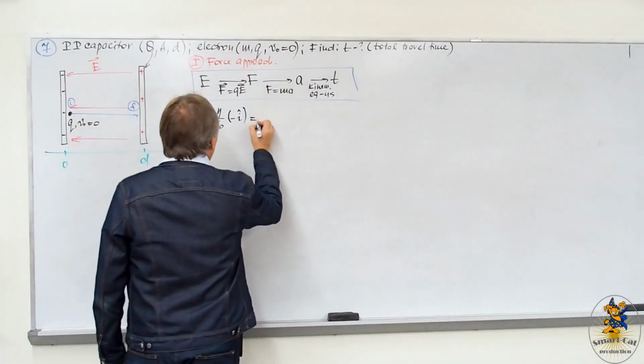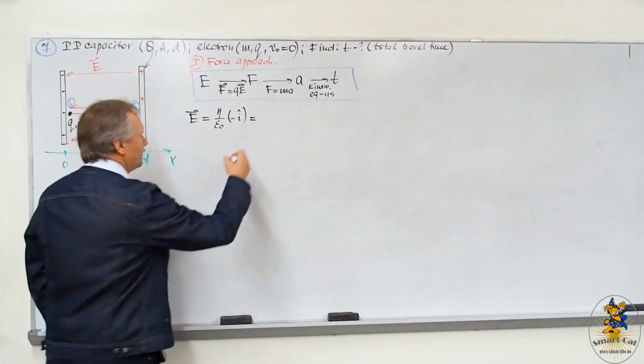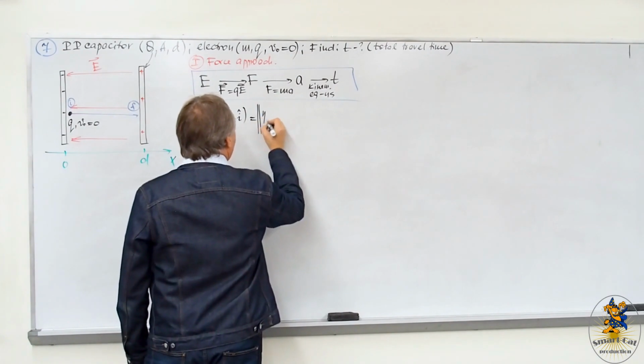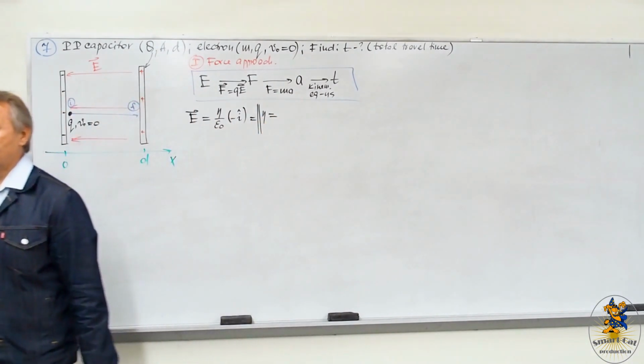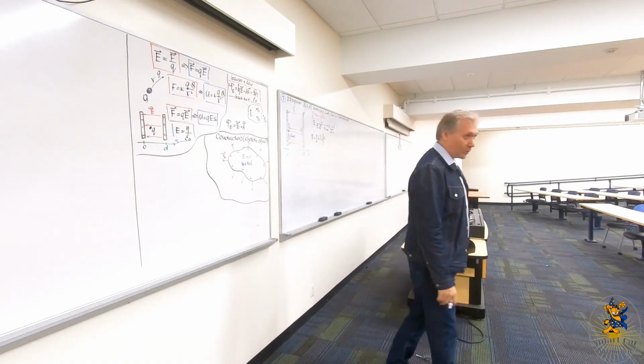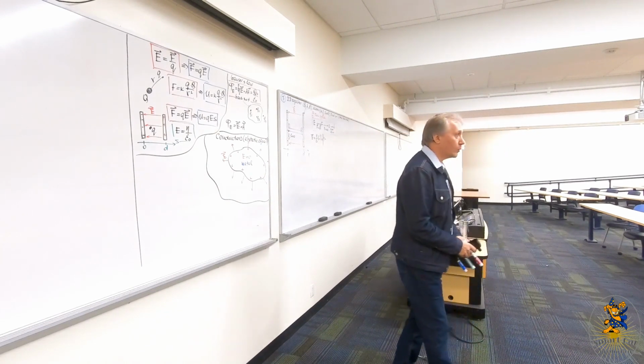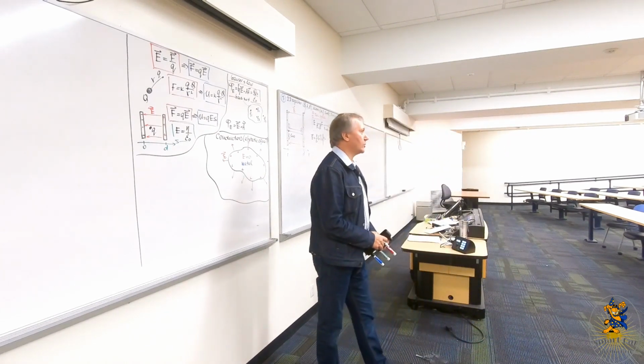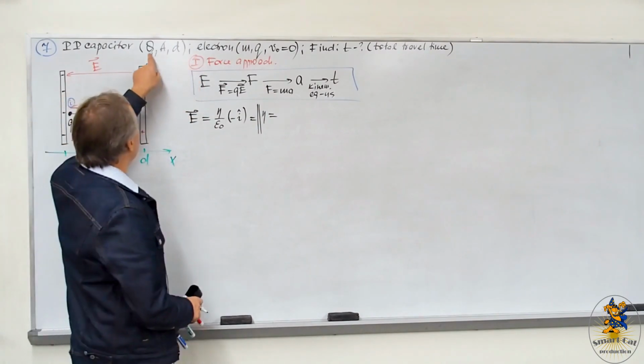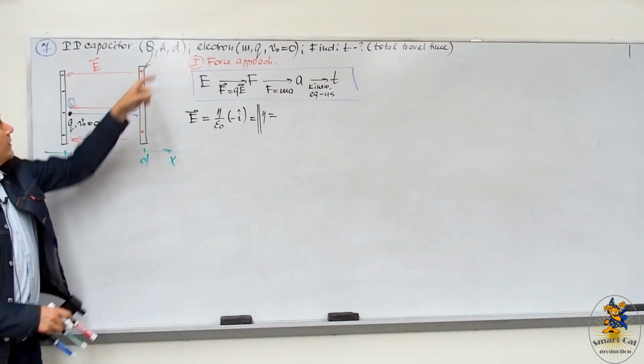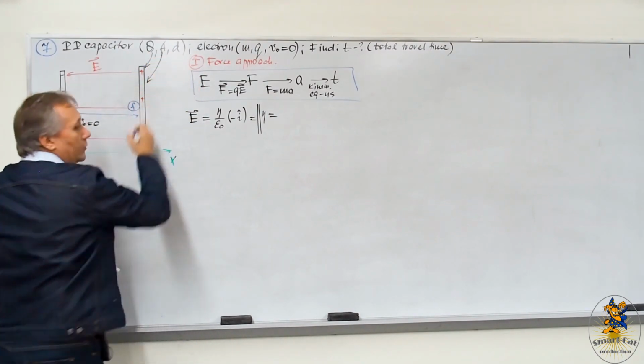Okay, so now surface charge density. Eta equals the definition of surface charge density: total charge divided by the area over which that charge is distributed. Charge is given, Q capital, and area is also given.